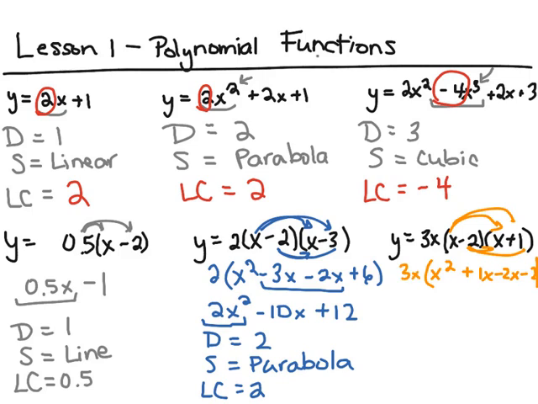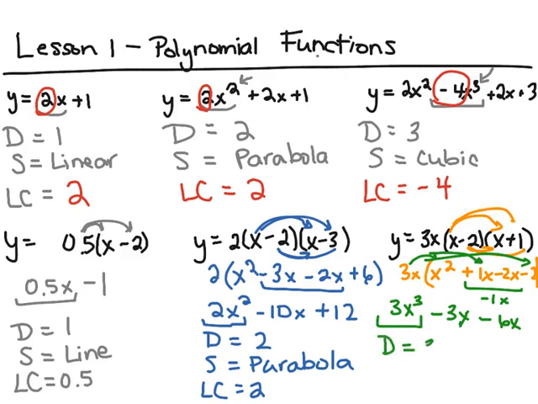So now we multiply this in, so we get 3x cubed, times 1x minus 2x is minus 1x times 3x is minus 3x, minus 6x. So our highest degree is 3, so our shape is cubic, and the leading coefficient is our number in front of x to the power of 3, so it is 3.